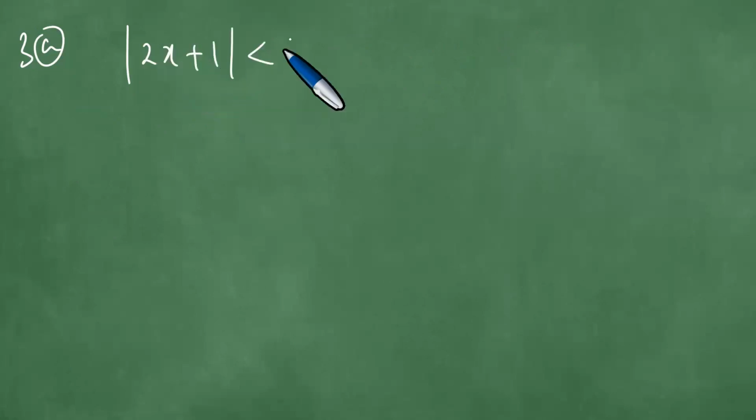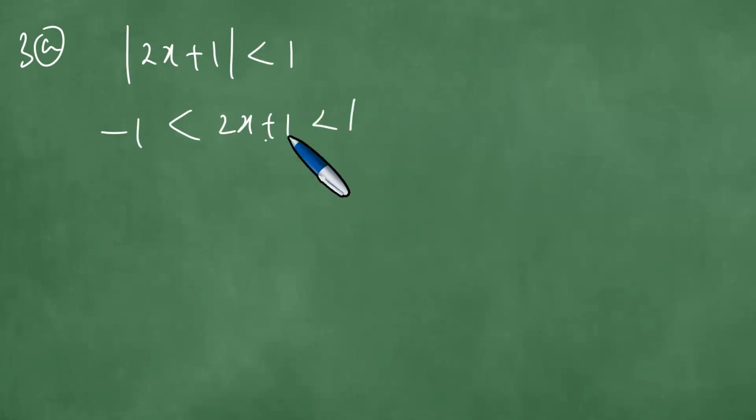So 3a: minus 1 less than 2x plus 1 less than 1. You subtract 1 throughout.